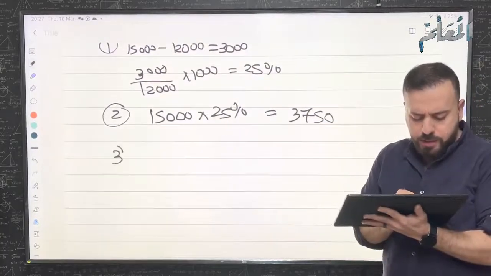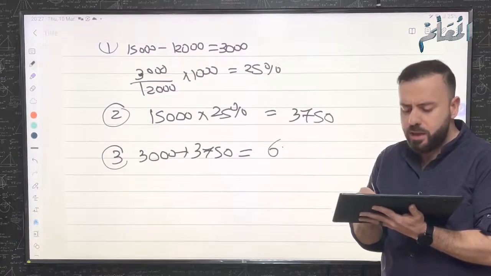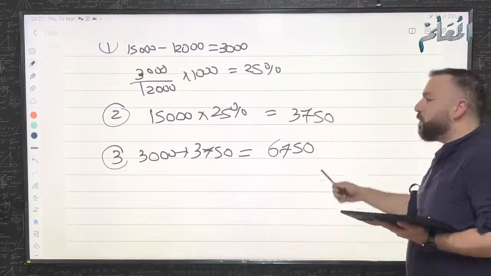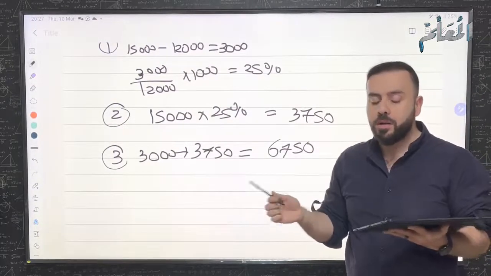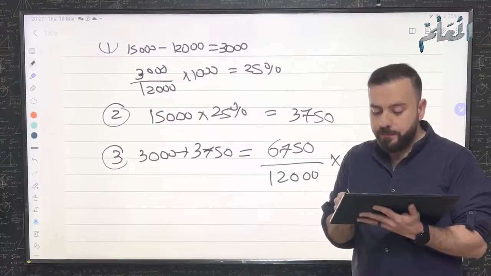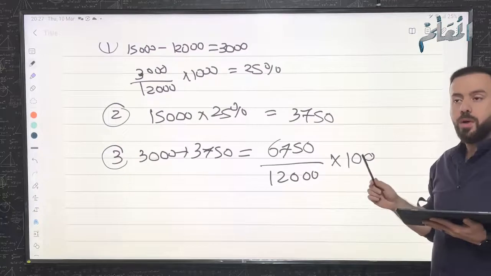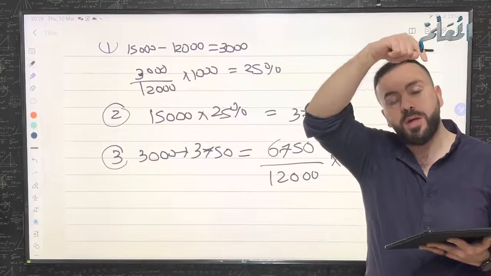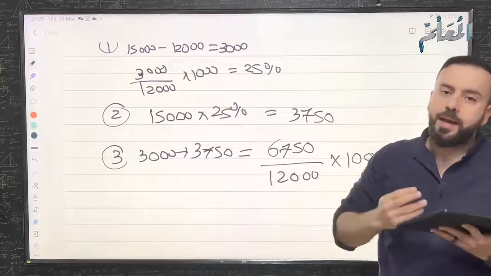So the third part: 3,000 plus 3,750, I get here 6,750. 6,750 starting from 1980, over 12,000 times 100. This is going to give you the total percentage increase starting from the starting interval, which is 1980 to 2000.